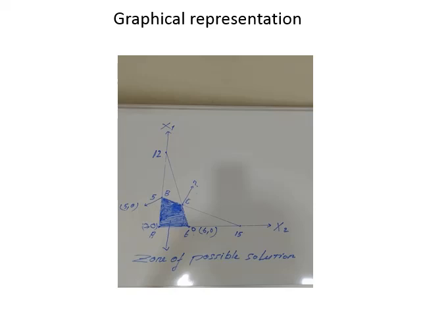Now we have to deal with 4 points A, B, C, D, because these points will satisfy the linear programming problem which focuses on profit maximization.